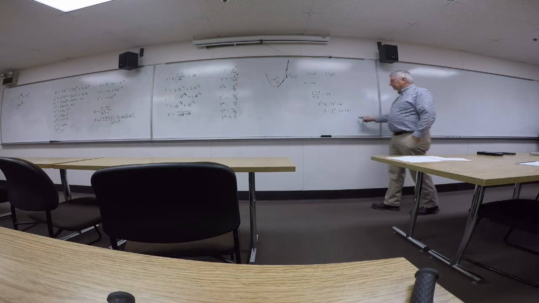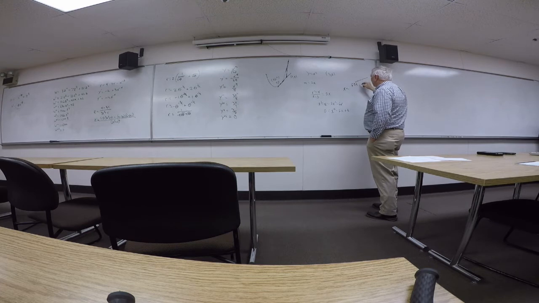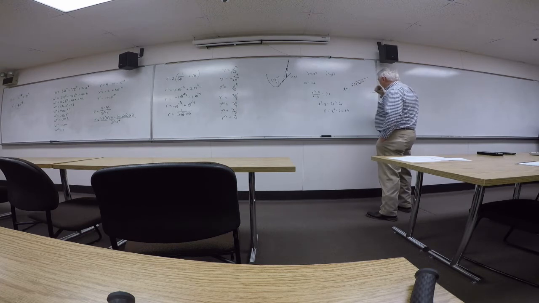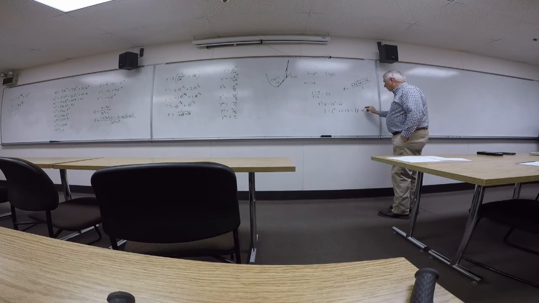And now, that doesn't factor, but x is equal to minus b plus or minus square root b squared minus 4ac. Oh, it does factor. What am I thinking? x minus 4 times x minus 2. So x equals 4 or x equals 2.